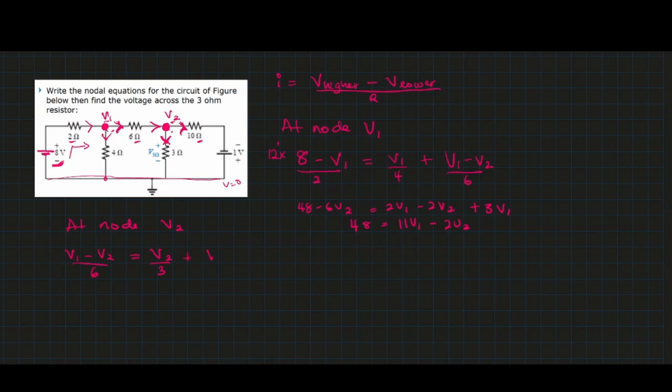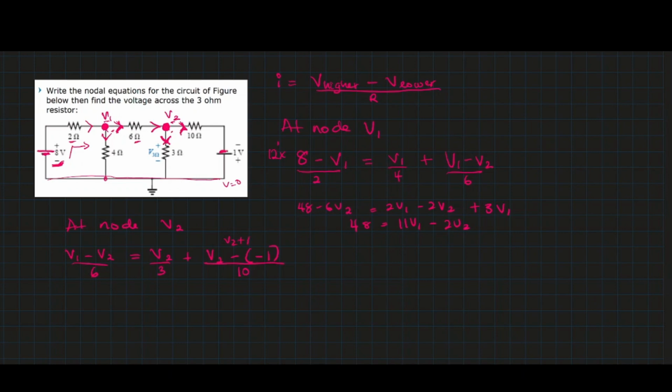It's going to be V2 minus, in brackets, the first one you see here, minus 1, over 10. If it was actually plus, it would be V2 minus plus 1. So take note of the sign. Now this is simply V2 plus 1 over 10.